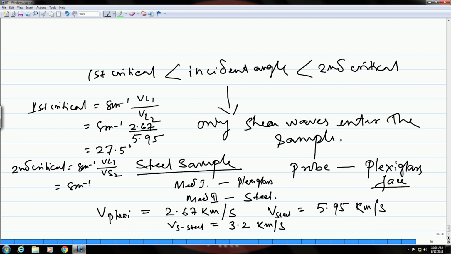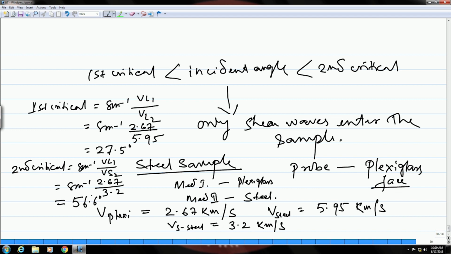So, that is sin inverse 2.67 by 3.2. So, this will give you an angle of around 56 degrees, 56.6 degrees.